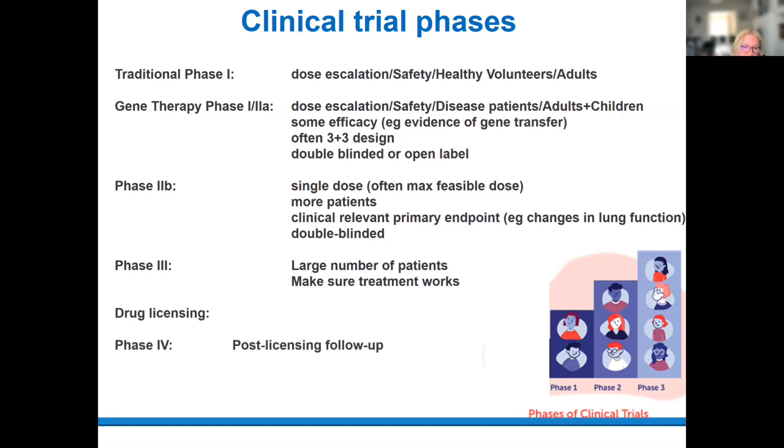You then have to do some post-licensing follow-up as part of phase 4 studies. So I hope this gives you a bit of a feeling for why it takes 10 to 15 to 20 years to get from an inception and an idea and a hypothesis to a licensable and licensed drug.